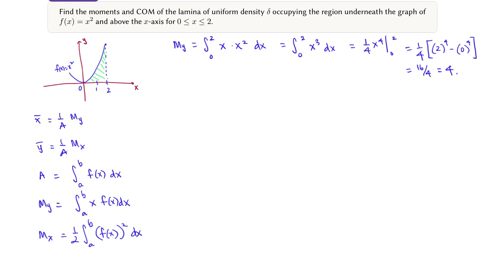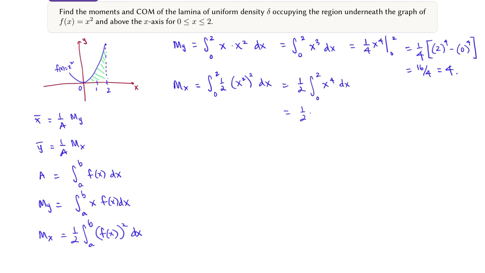The moment about the x-axis is the integral from 0 to 2 of 1/2 of the function squared, and so x squared squared dx. So that is 1/2 the integral from 0 to 2, x squared squared is x to the 4th dx.